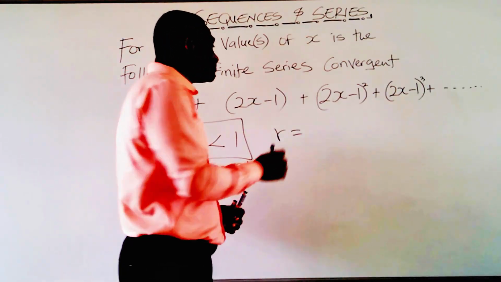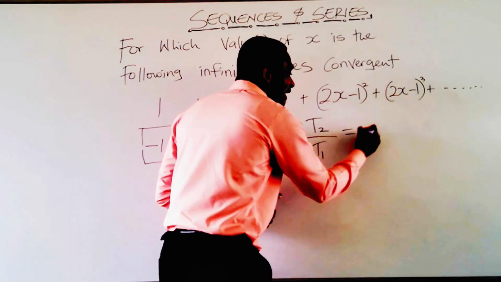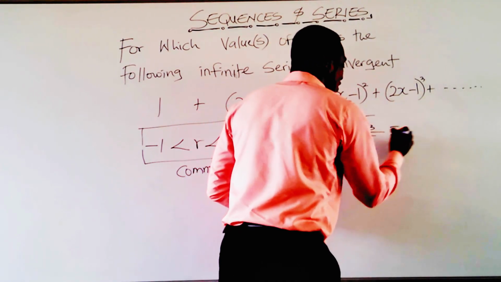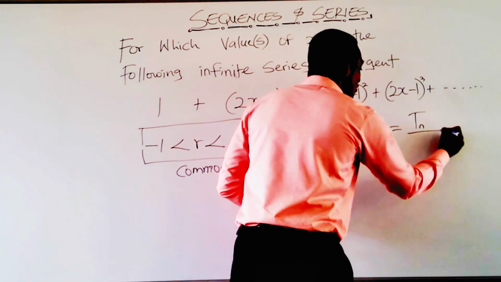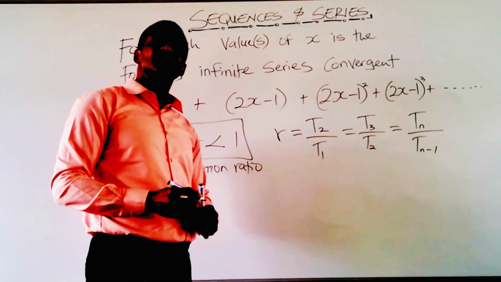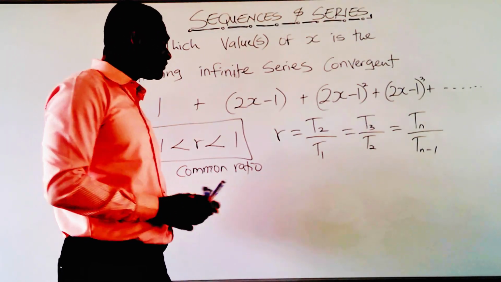But the common ratio, as the name implies, is T3 over T2, and so on and so forth. So this will give us Tn over T(n-1). That will always give you the common ratio of any given geometric sequence.